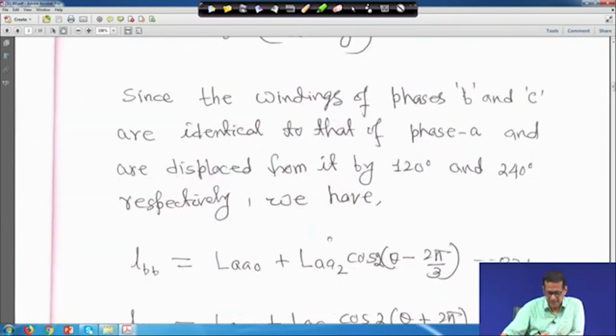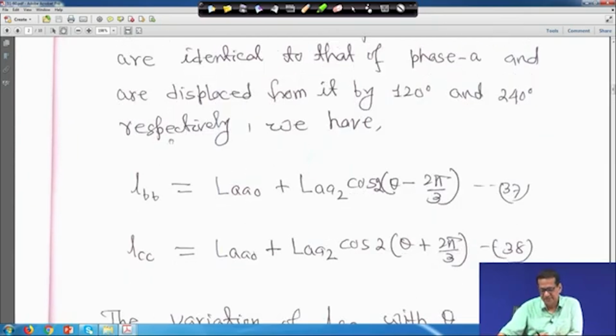So similarly, for L_BB and L_CC we will not write L_BB0 or L_CC0 because they are all the same from symmetry. L_A0 is equal to L_B0 is equal to L_C0, so we are representing only this term L_A0 again and again.